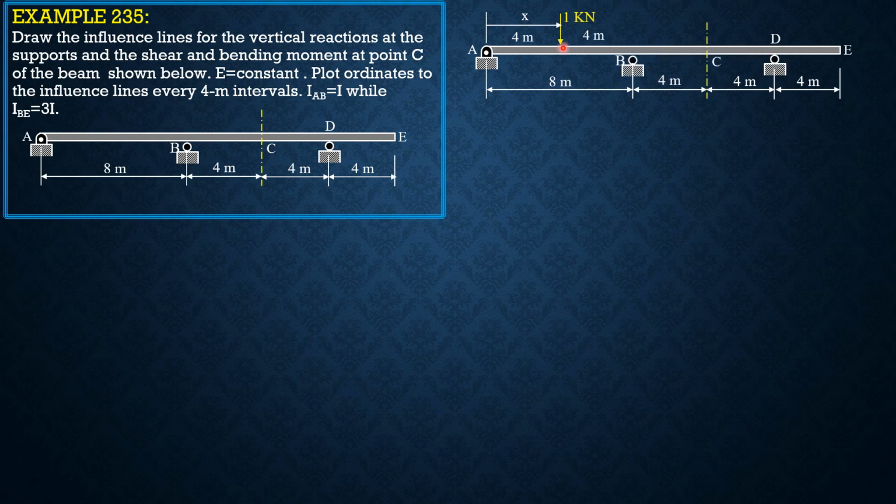So this is the first position of the load. It actually begins with x is 0 at A. So reaction at A, AY is 1, and the rest will be 0. So at this position here, writing the three-moment equation on span ABD, take note that moment at D is 0 because the unit load is still here.